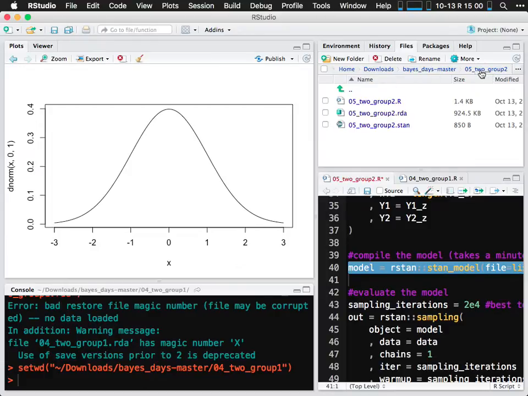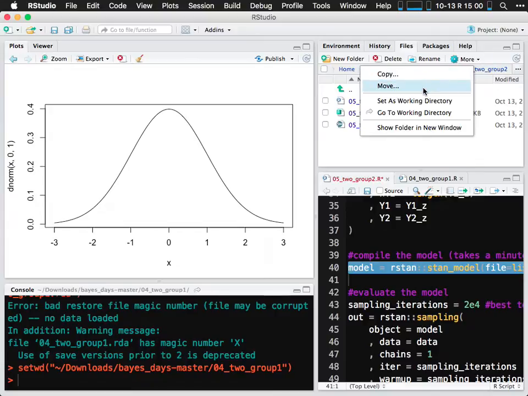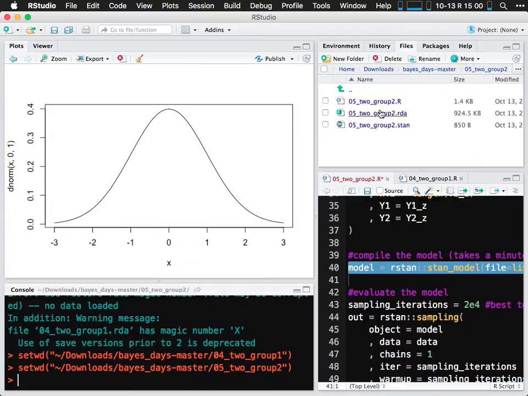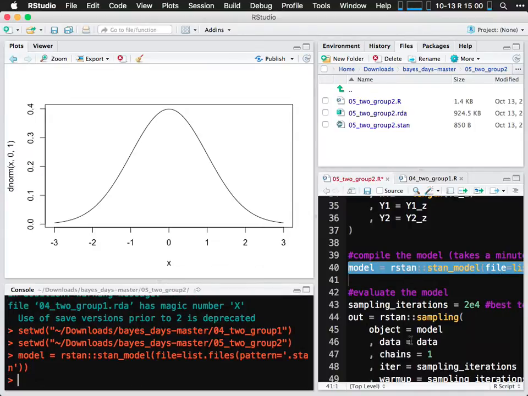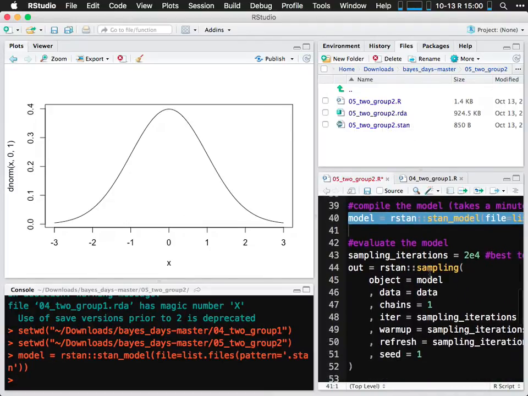So I set my working directory to the 05 folder, and I'll compile this model. It compiled really quickly for me because I previously already compiled it. So for you guys, it might take a little while.